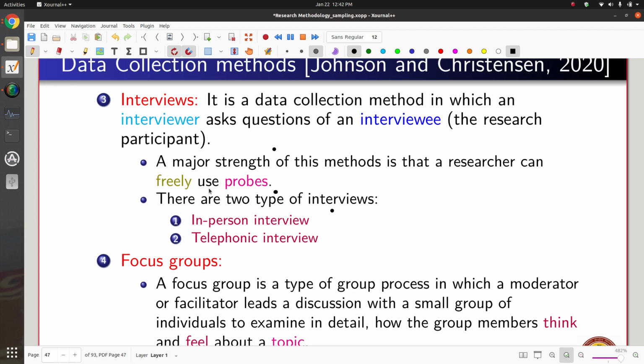And sometimes it is also important that as a moderator you also need to see that everybody should participate in your discussion. It may not be the case कि कुछ ही लोग जो है ना पूरे discussion को dominate कर रहे हैं, they are just dominating and regulating or controlling the whole discussion. Okay, so as a moderator you should ensure that everybody is participating and giving their opinion during the group discussion.